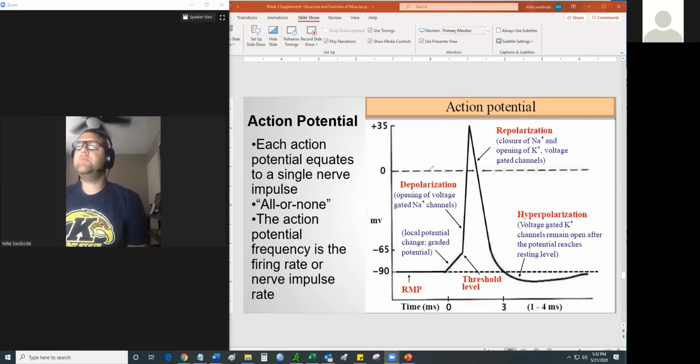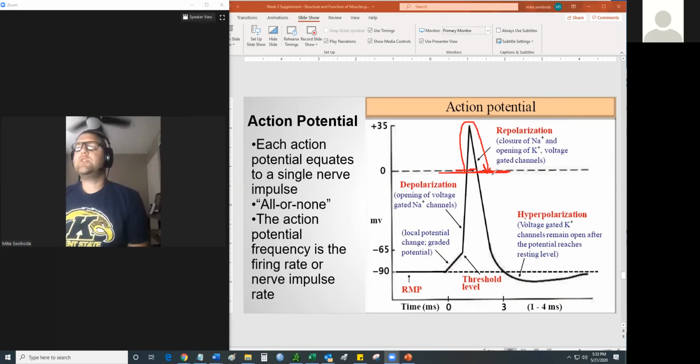Once you pass this repolarization phase, on the way up, that's when your sodium channels are going to close and your potassium channels are going to open. When this happens, essentially the energy is going to stop. So it takes some time to slow down, and then you get to the top of your roller coaster and go back down.